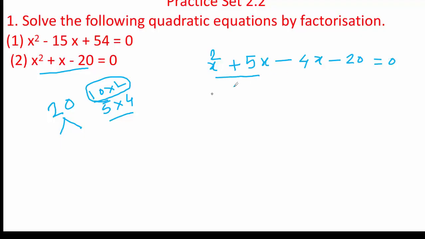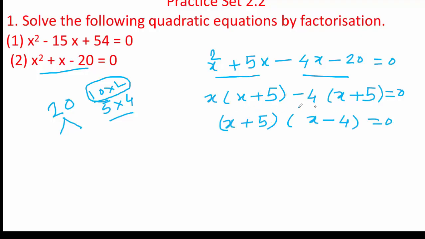From first two terms, take x common. From second two terms, take minus 4 common. Therefore, bracket x plus 5 is taken common, and x minus 4 is another bracket. From this, I can write x plus 5 equal to 0, or x minus 4 equal to 0.